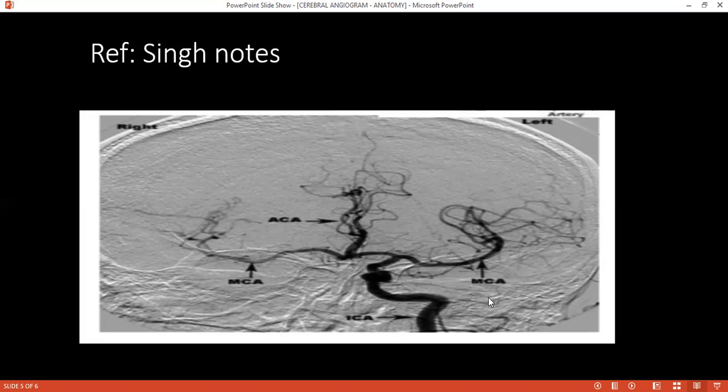Can you please tell me, before this middle cerebral artery and ACA are given off, which vessel is given out as a branch before these two vessels? Can you repeat the question?